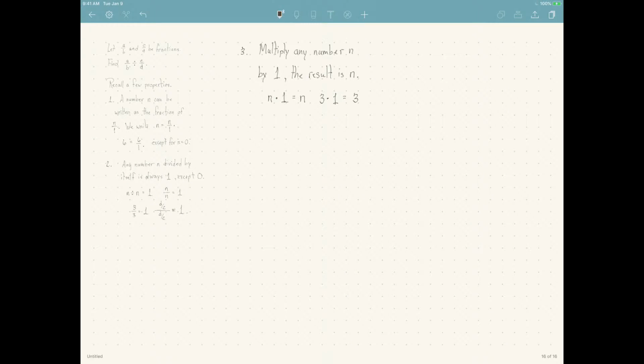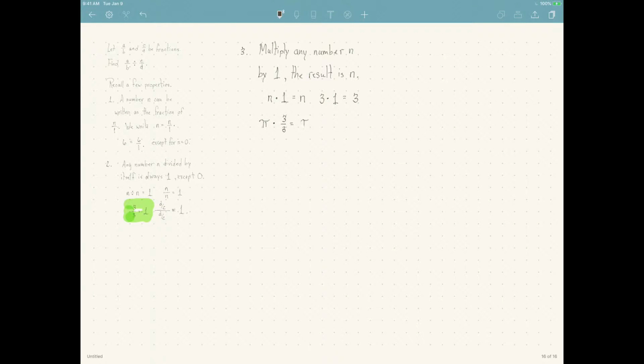Let's try something more difficult. Here's a number that most of us aren't that comfortable with: the number pi. It comes from parts of a circle. If I multiply pi by 3 over 3, well, that looks kind of intimidating, but if you recall from a little bit ago, 3 over 3 is just 1, and we can use that property.